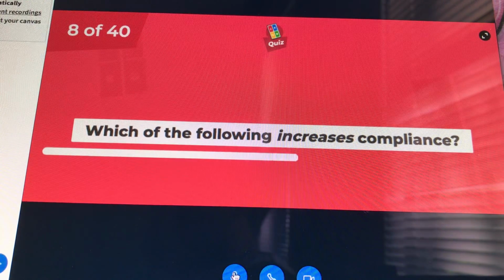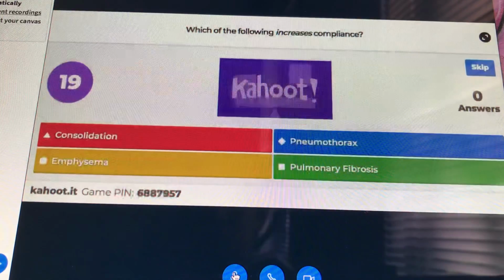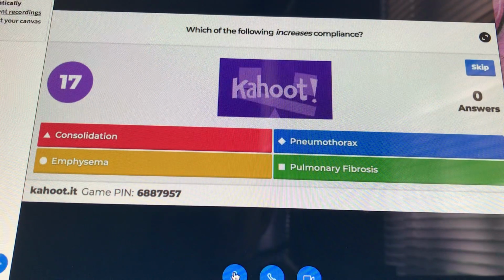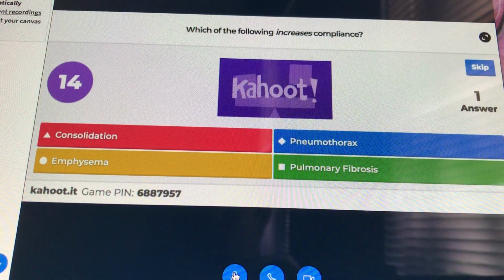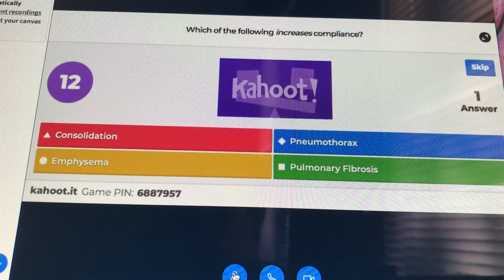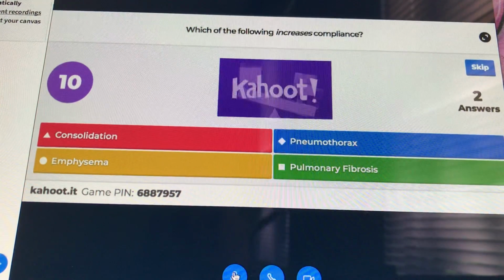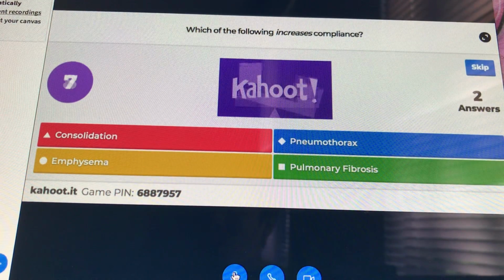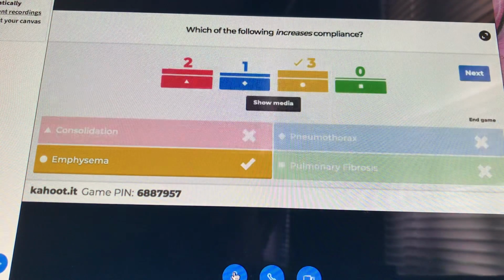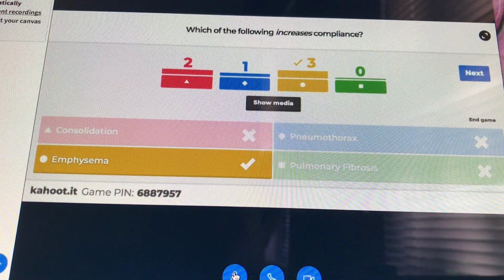Which of the following increases compliance? Yeah, so this is another one of those questions where you could use process of elimination by figuring out which one is not like the other. So, of course, consolidation, pneumothorax, and pulmonary fibrosis all fall into the restrictive category.